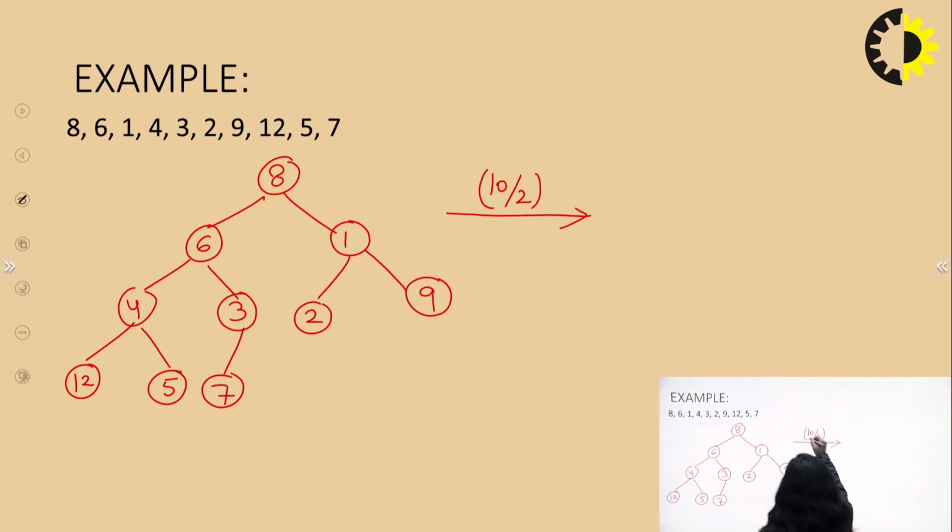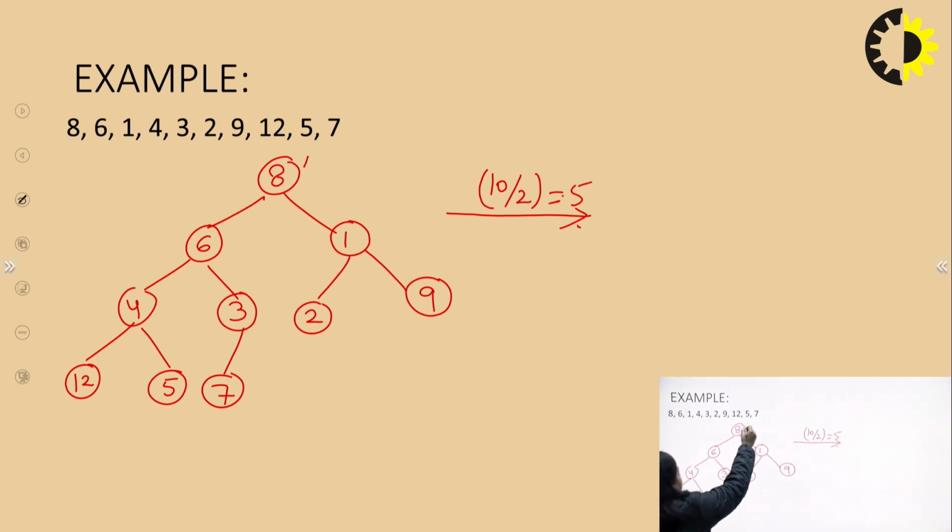It means from the fifth element, we need to apply max heapify, right? So in this question, this particular tree has a fifth element, 5. Let's do the numbering of the nodes: 1, 2, 3, 4, 5, 6, 7, 8, 9 and 10. This is how we number the nodes.